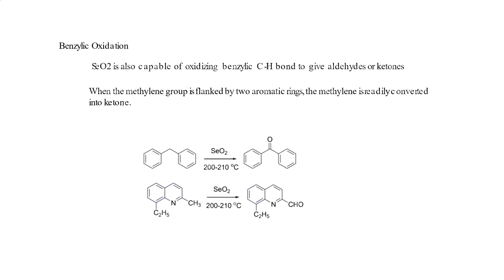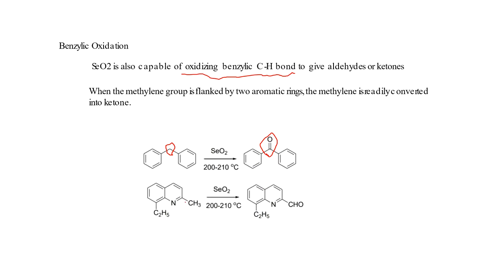Right? See, selenium dioxide is also capable of oxidizing benzylic carbon hydrogen bond to corresponding carbonyl group, aldehyde or ketone. For example, in this case, it is a methylene group flanked by two phenyl groups, and this methylene group gets oxidized to carbonyl group, and hence benzophenone is obtained.